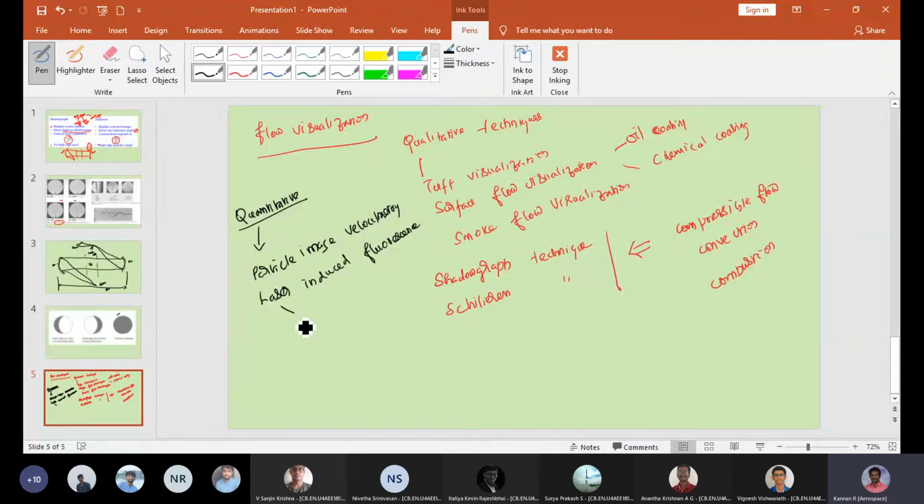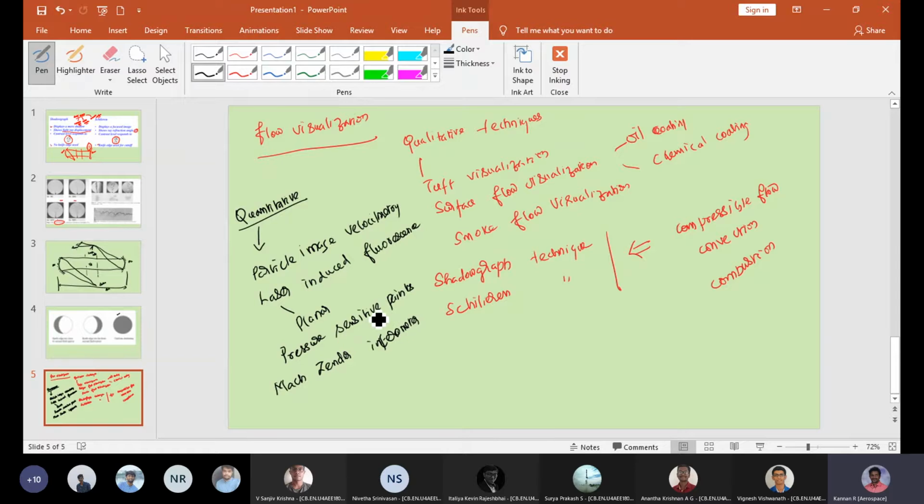Even there, we have planar laser induced fluorescence. We will also look once more at pressure sensitive paints, how we do that. Already we looked at how we measure with pressure sensitive paints. And the Mach-Zehnder interferometer. These are the things we are going to look at in the quantitative measurements.